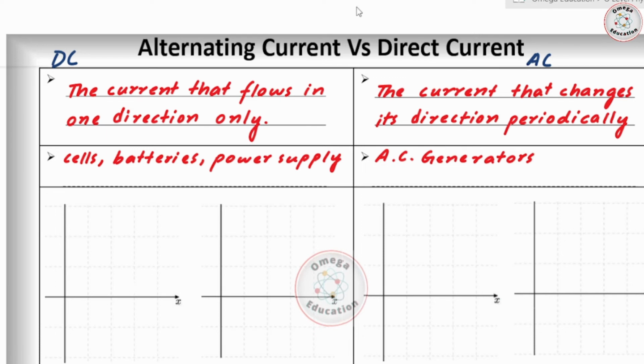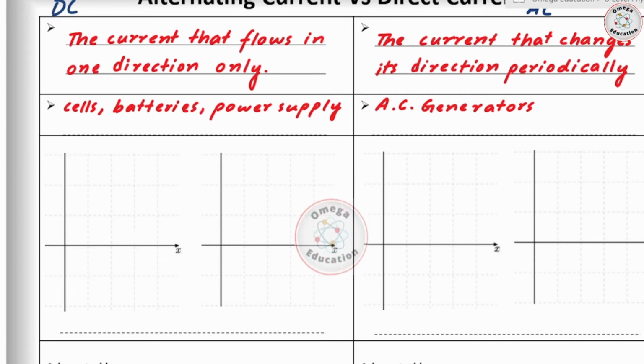Now the other thing about this one is the graph. For the direct current, if we represent the amount of current with respect to time, we are making a graph of the amount of current, the current I measured in amperes.